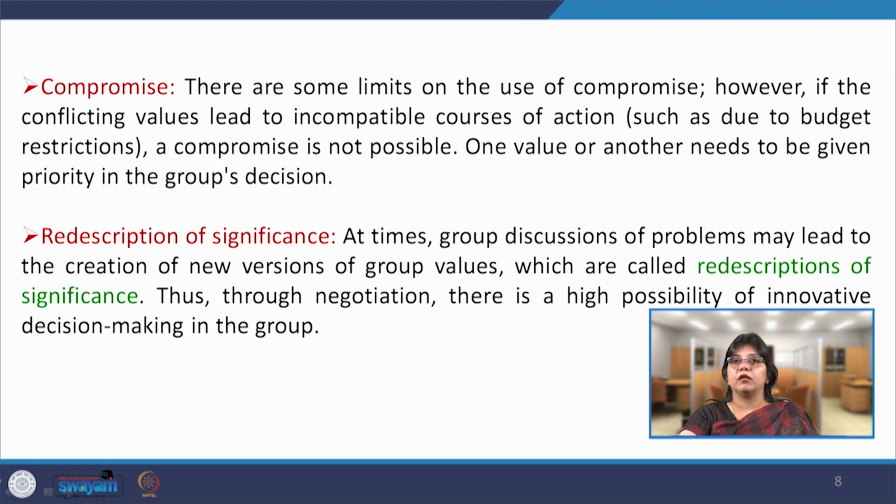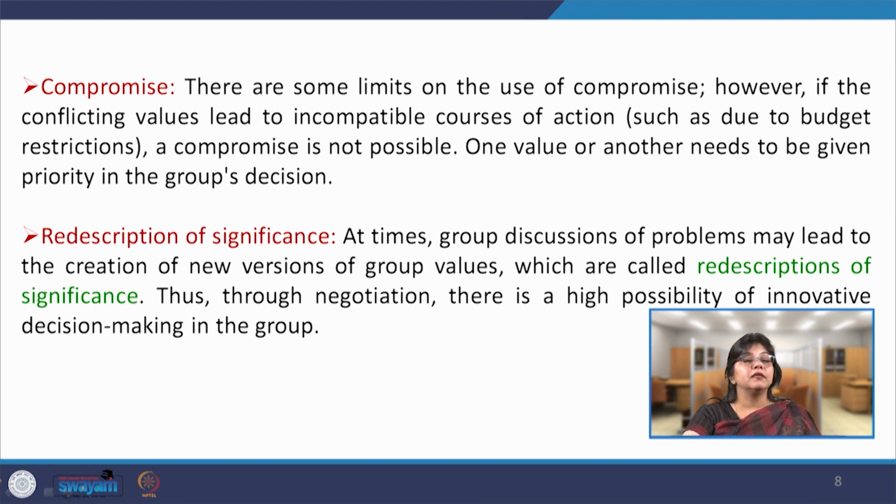This is another value, that is compromise, which is a result of conflicting values. When conflicting values exist, they cannot be resolved, but definitely what is more important can be decided, and the leader can decide on what is important and reflect it in his own decision making. This is compromise. And the other is redescription of significance.